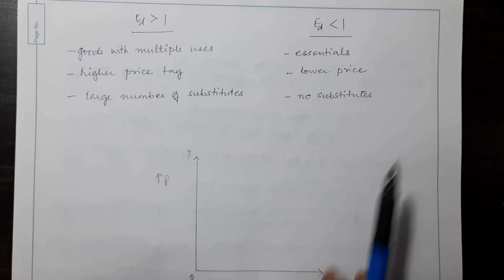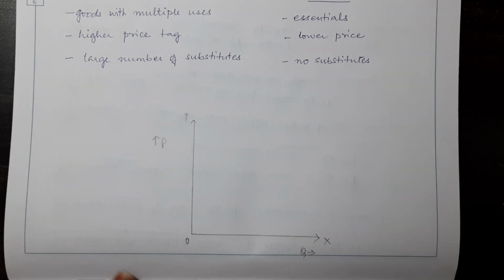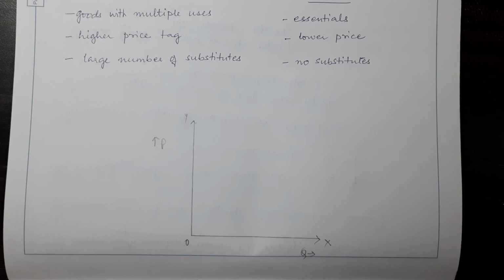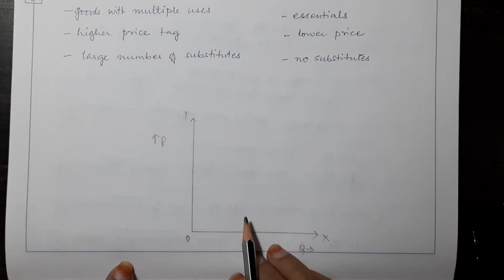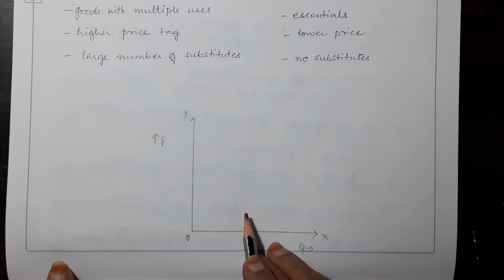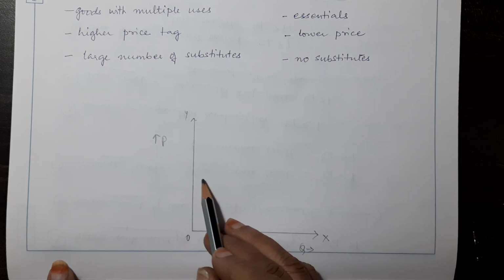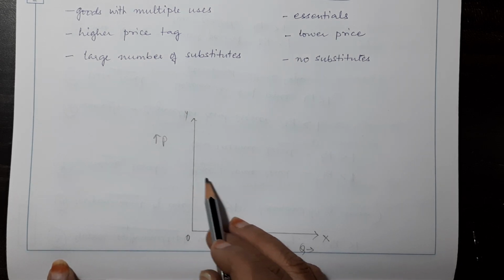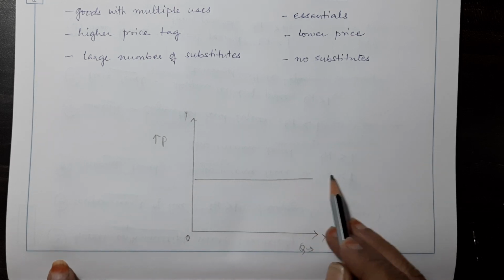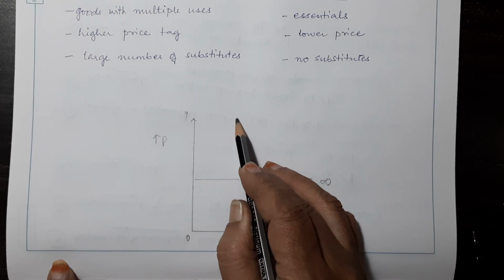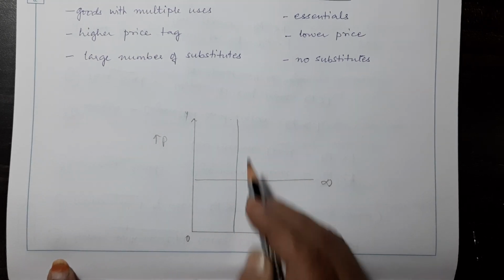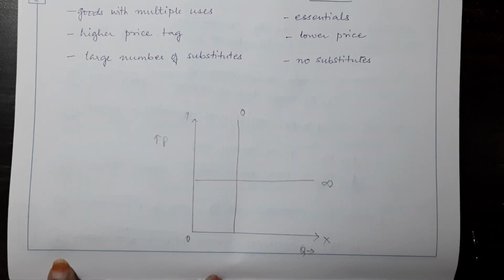substitutes. Now, finally, I'm going to show you how to remember this graph or the 5 graphs that are related to the elasticity of demand. Now, we learned that the graph that is parallel to x-axis is infinite elasticity, right? Then there is one graph that is parallel to y-axis where you find the elasticity to be 0.